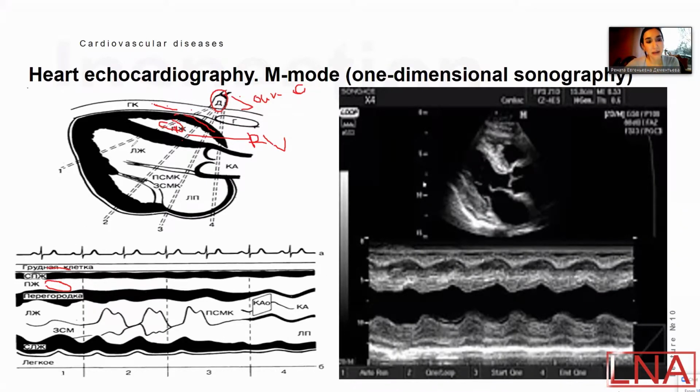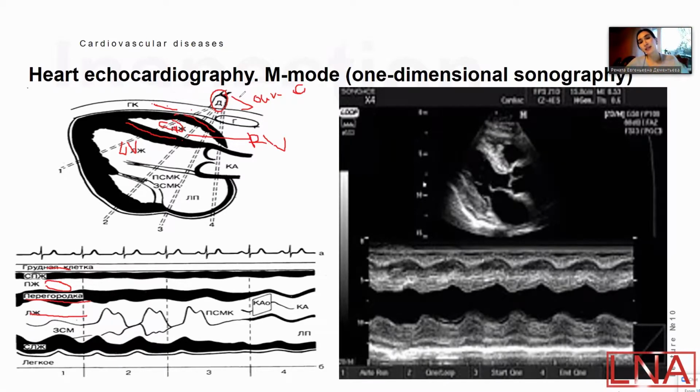After that, it's the interventricular septum. Also, we can determine a defect in the structure of the interventricular septum. Next, it's the big chamber of the left ventricle. Look, left ventricle.